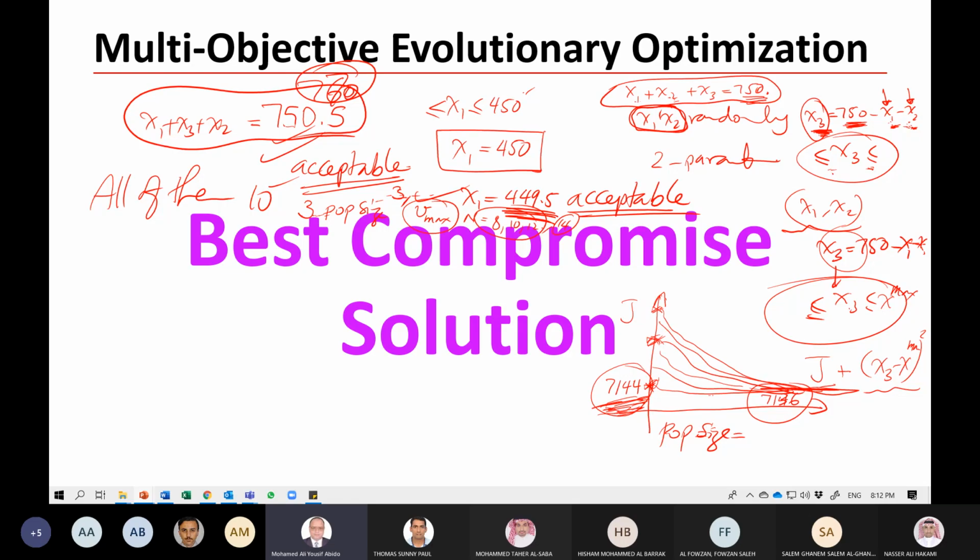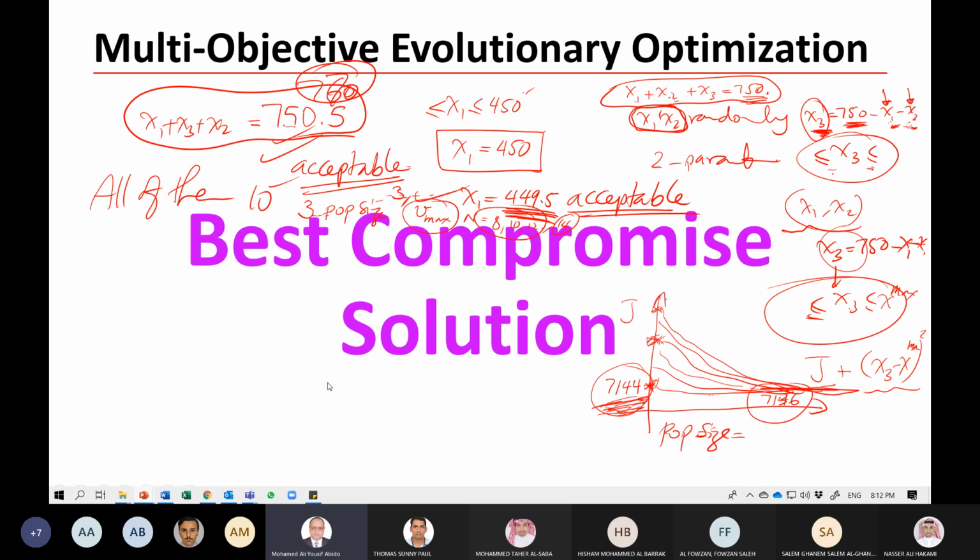We highlighted some drawbacks: it gives you only one solution, it needs to be run several times to generate the Pareto optimal set, and if the problem is non-convex, the trade-off or the Pareto front will not be complete. And several drawbacks as discussed earlier.